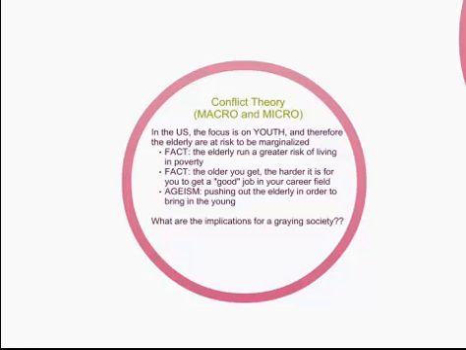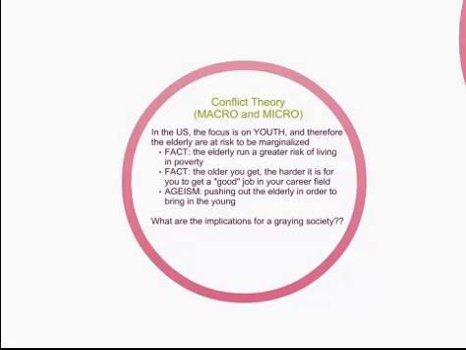Now, we can talk about this fact also at the micro level. Problems related to getting that job as you age can also be related directly to individual depression. It can also be related to suicide rates. It can be related to family stress. It can be related to divorce.